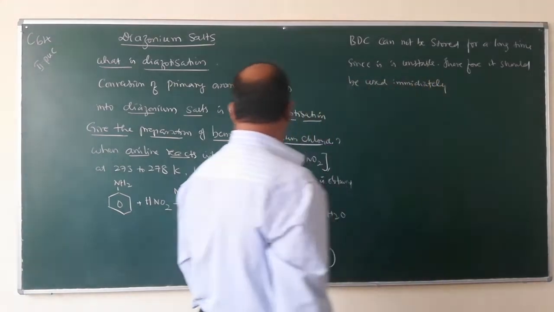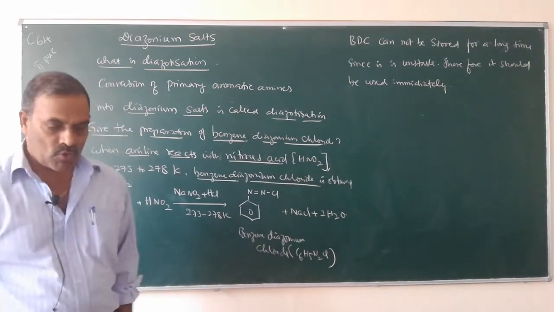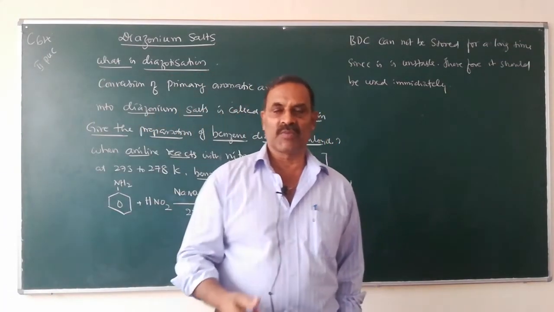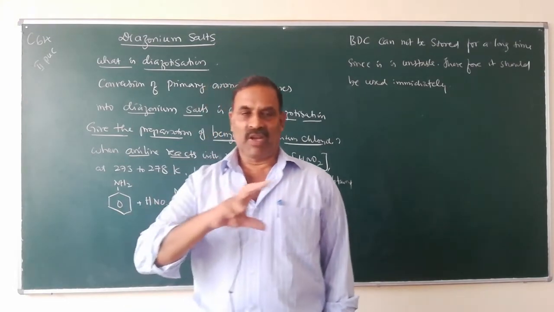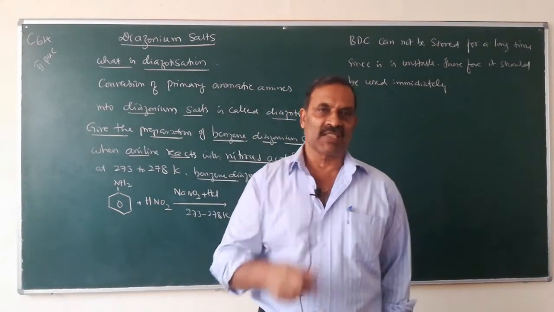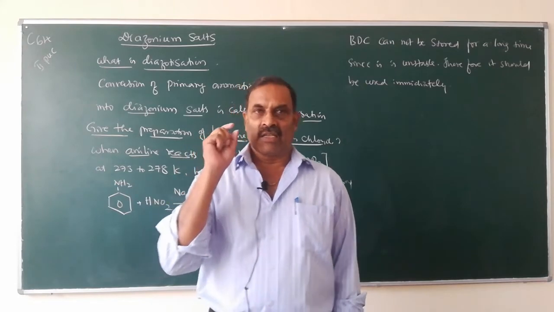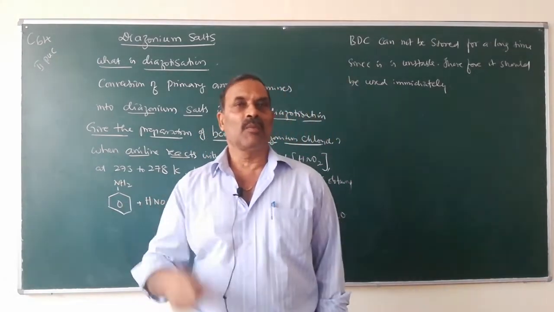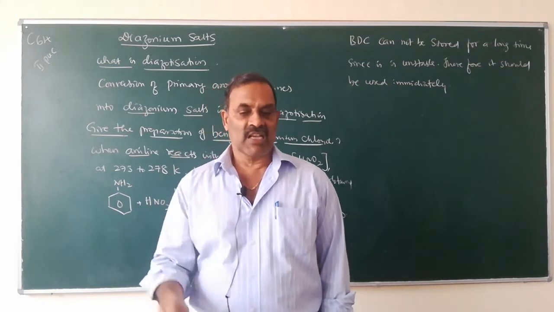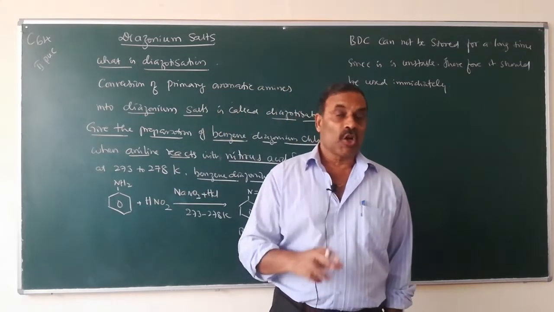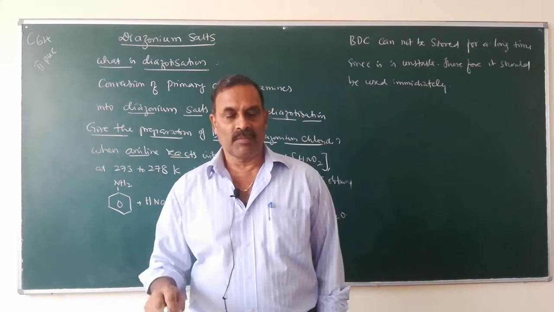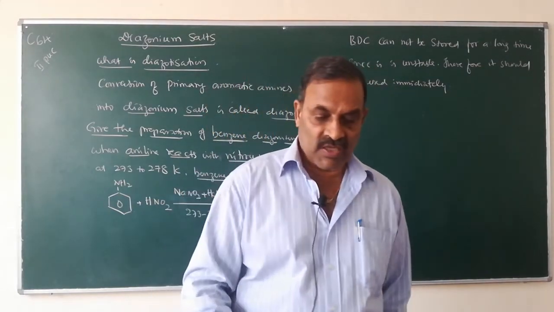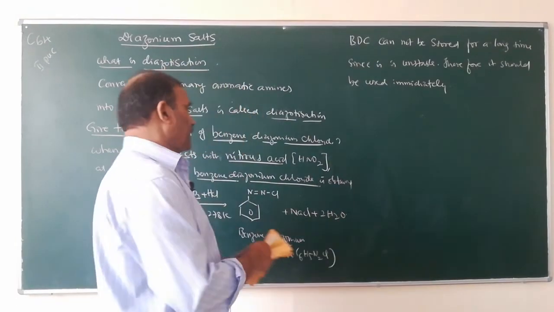So this thing you have to remember. Benzene diazonium chloride is a diazonium salt. How is it prepared? When aniline reacts with nitrous acid at 273 to 278 Kelvin, we will get benzene diazonium chloride. It cannot be stored for a long time because it is an unstable compound. Therefore, it should be used immediately.